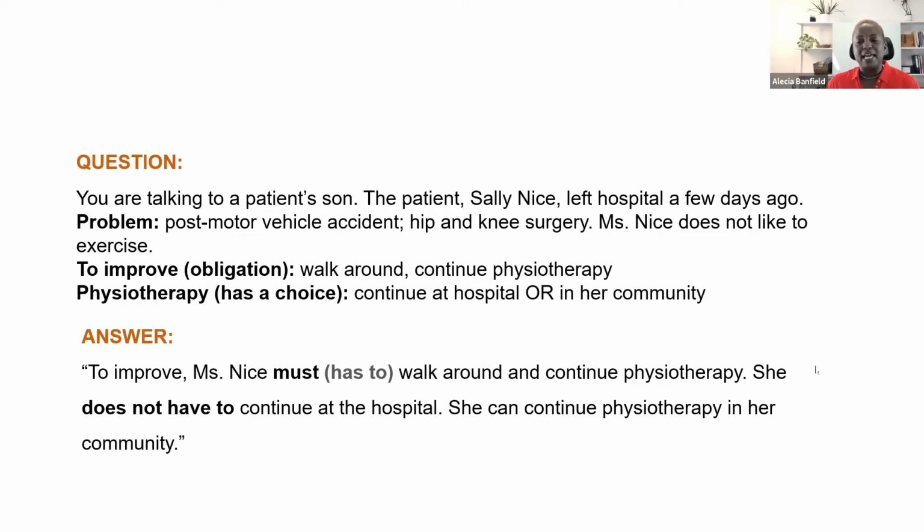So if you said anything like this, obligation, must, with walking around and physiotherapy, but showed that she has a choice when it comes to physiotherapy by saying does not have to, you would be correct. So again, to improve, Ms. Nice must walk around and continue physiotherapy, but she does not have to continue at the hospital. She can continue physiotherapy in her community.